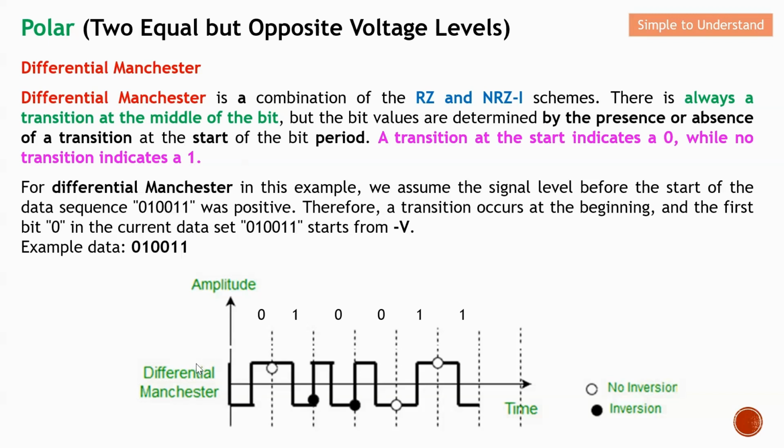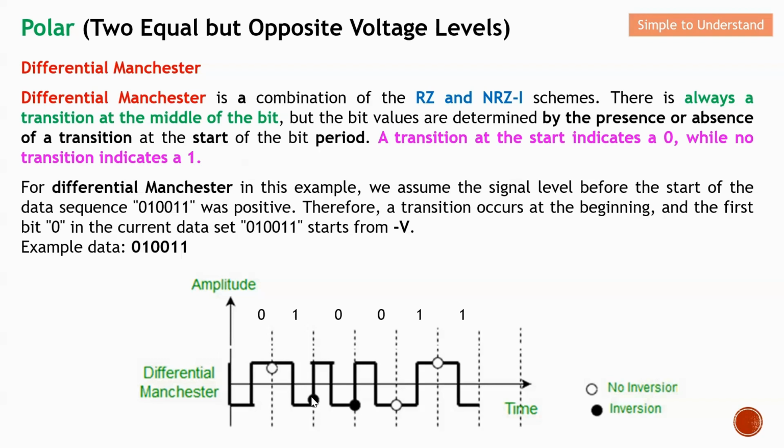As I mentioned earlier, at the start here, it will be positive. The next bit is equal to 0, so I will have a transition here and I will come to the middle. Let's say it's negative, I will go back to positive. The next bit is 1, which means that I won't have any transition, so I will remain at this level and at the middle, I will go back to negative.